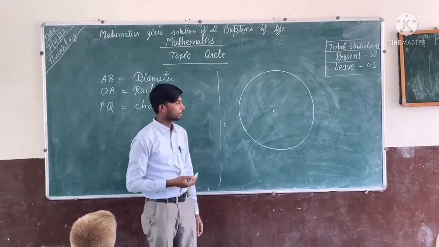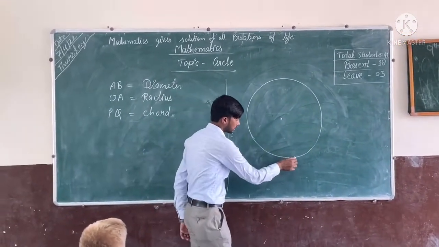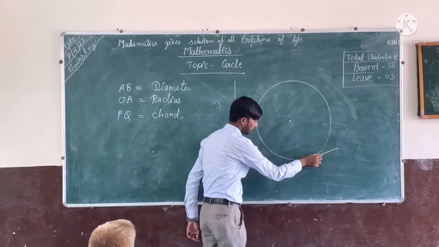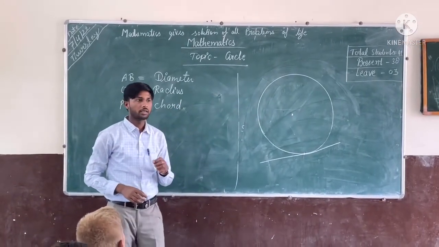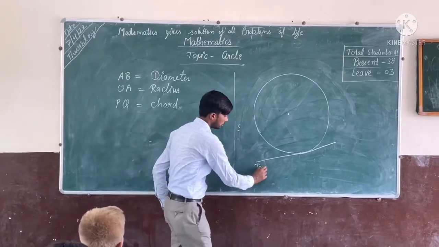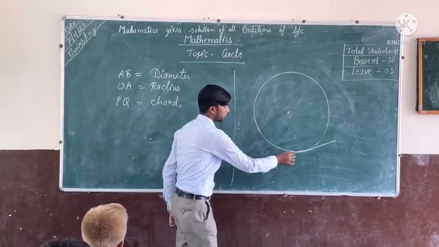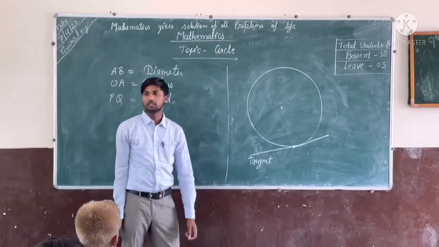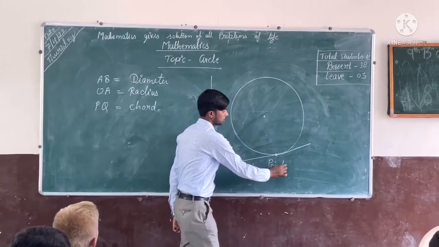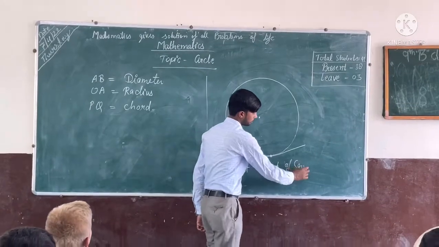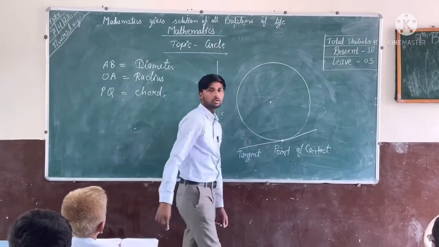A line touching a circle at one point is known as a tangent of the circle. The point at which it touches the circle is called the point of contact.